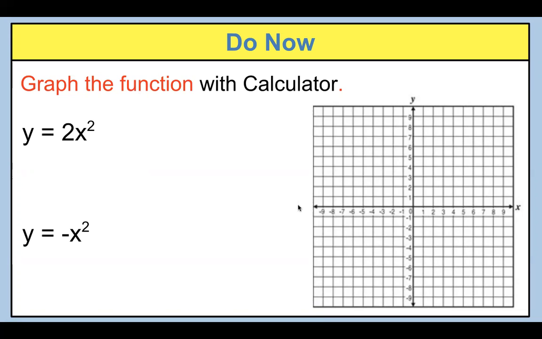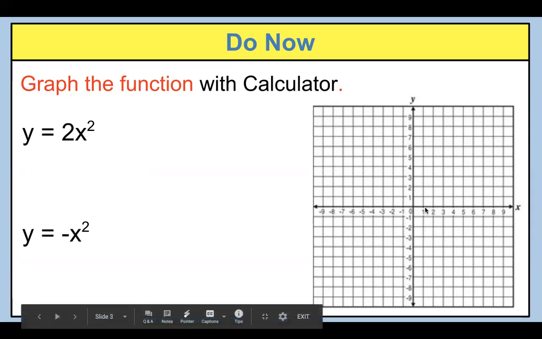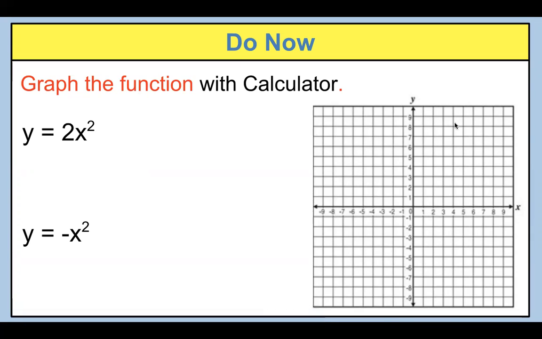Draw the x-axis, y-axis, and label properly. X-axis, y-axis, write down x, y, and then your interval for x and y must always be even. So if you go 1, always the same interval: 2, 3, 4 like this, okay?